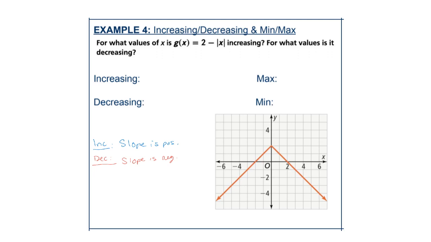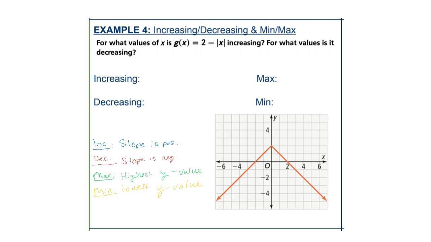Okay, so you got to look at the behavior of the function. The next is max, right? So our max would be our highest y value, as high as the function goes, and our min would be the lowest y value.